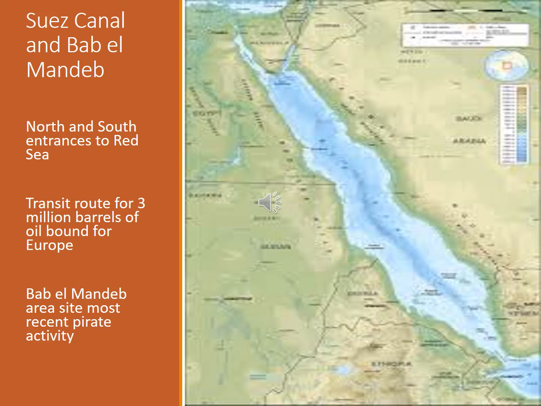And on the other side, you have in the area Somalia. And Somalia has been a source of pirates, a place where pirates hide and hang out, waiting to ambush and take over and hijack ships that pass through this area, exiting the Red Sea.